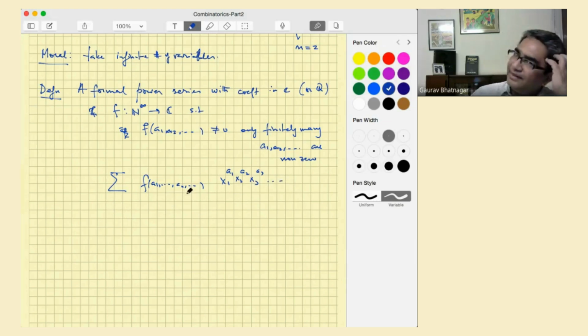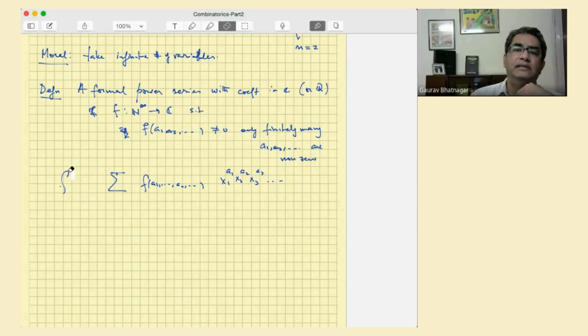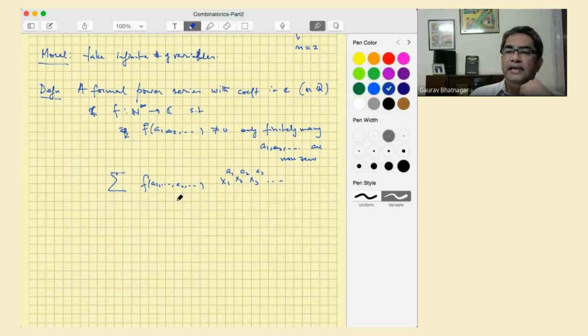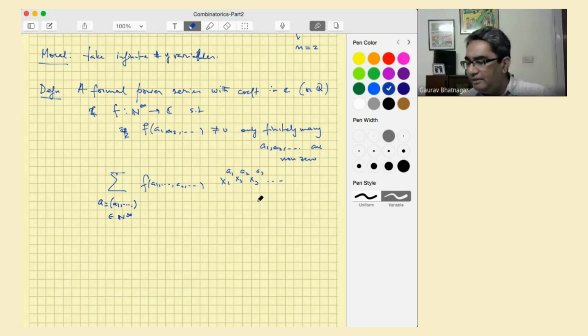So this is the formal power series. It's an expression of this form where the sum is over all these guys, which belong to N infinity, and only finitely many ai's are non-zero. That means each term is finite, but there could be infinitely many terms.